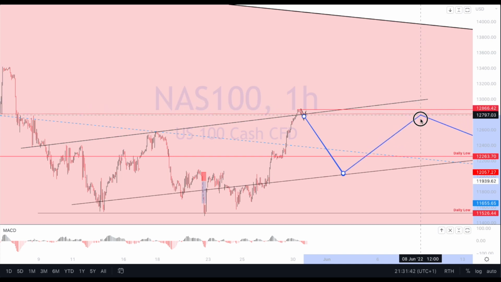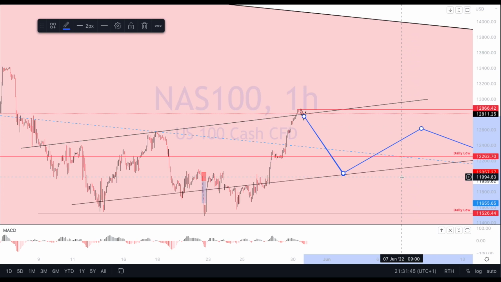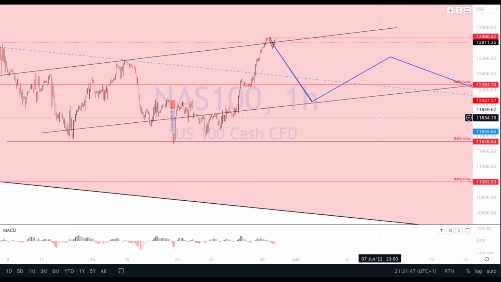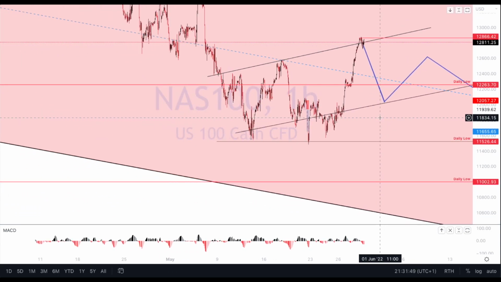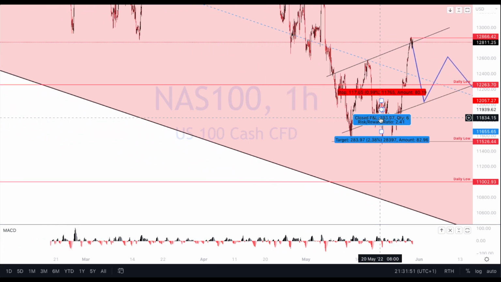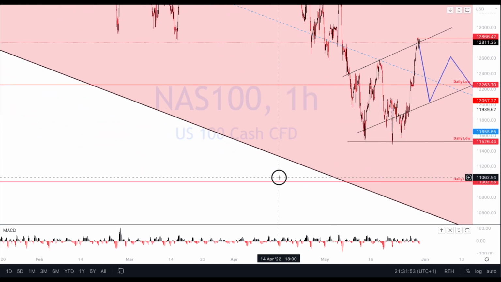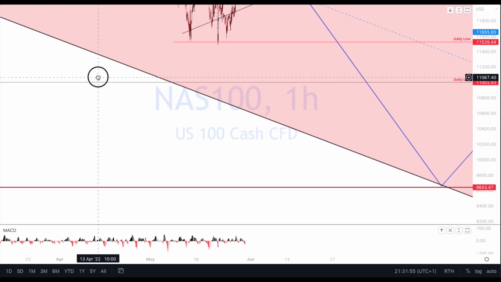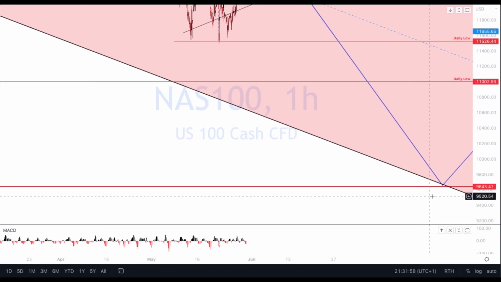And if it doesn't and it breaks below, then we know we're heading to that order block, which is down here. It could go to this one. This is the most likely one that I think it would go to, in my opinion.